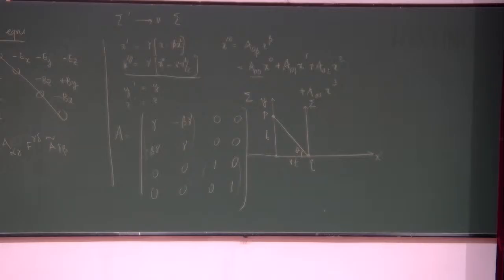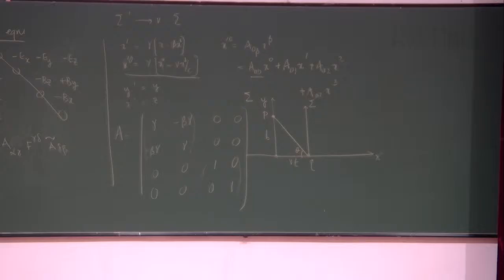Now I have to do the delta expansion, right? So delta will go from 0, 1, 2, 3. So what will I get? A 0, 0 into F 0, 0, which will be 0, you remember, plus F 0, 1, A 1, 1, right?